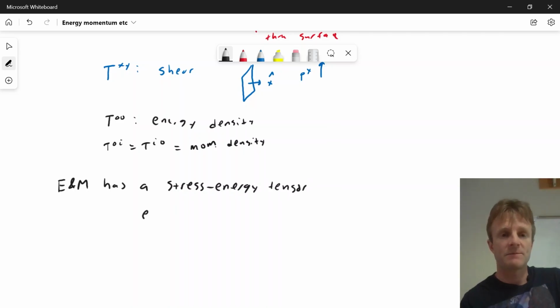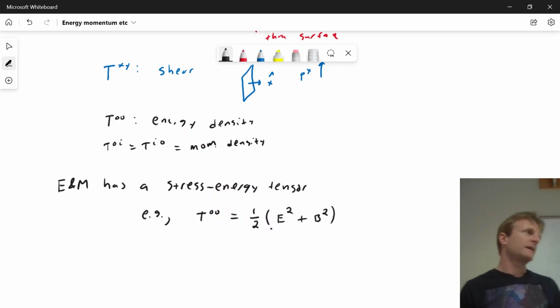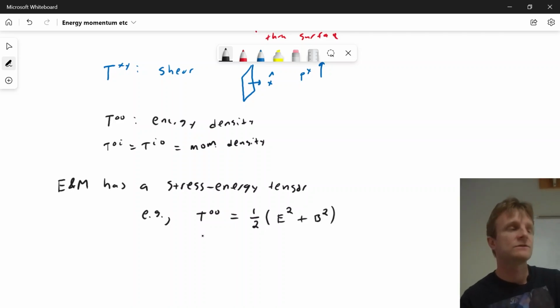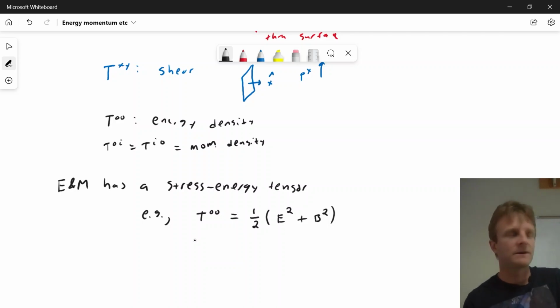But for example, T^{00}, the energy density, there's some unit dependent factor. I'm just going to take it to be 1. I don't have this in my notes. E squared plus B squared, right? Remember this? Energy density in an electromagnetic field. That's a real energy density that will gravitate just like any other energy density, and it's not somehow associated with matter. It's electric fields.